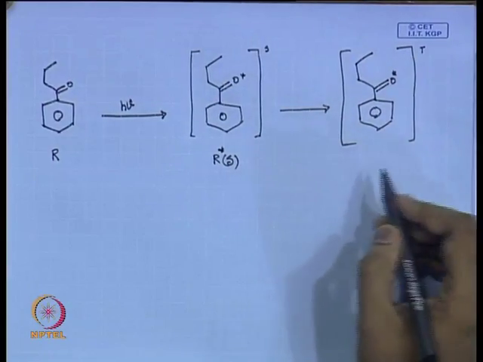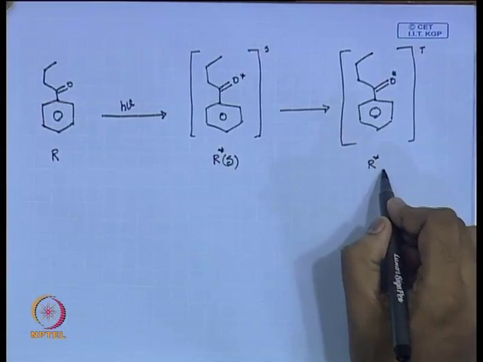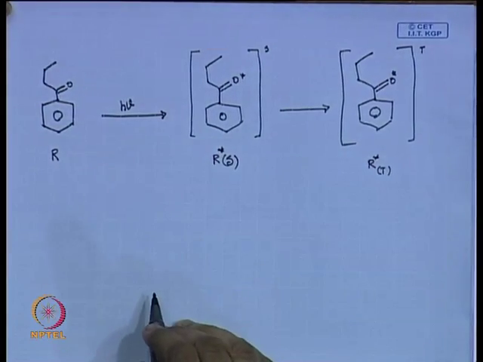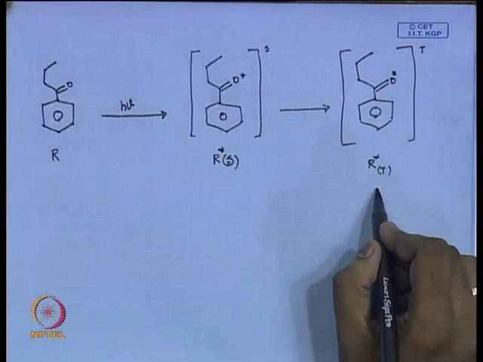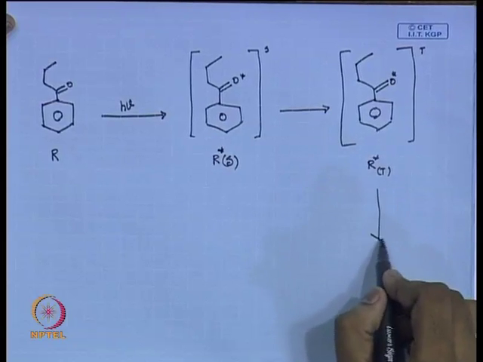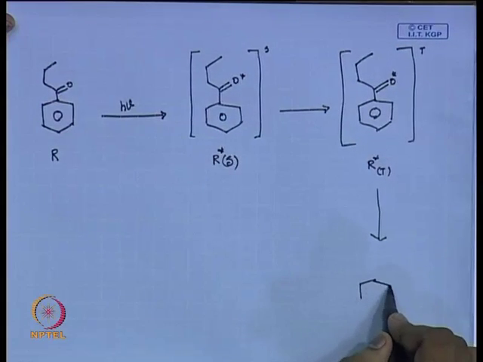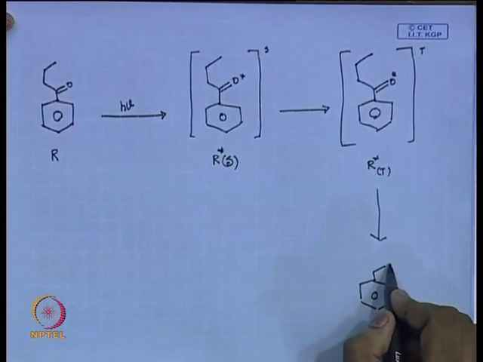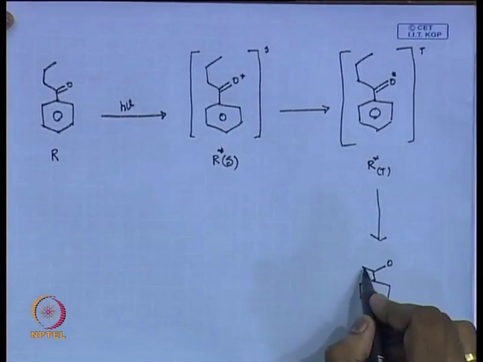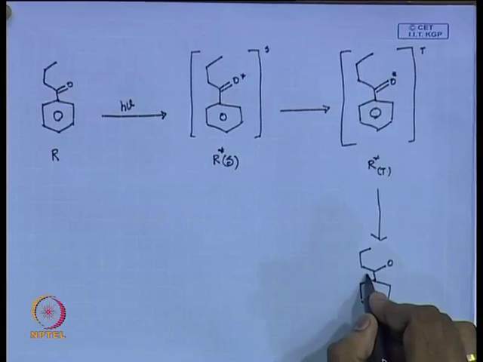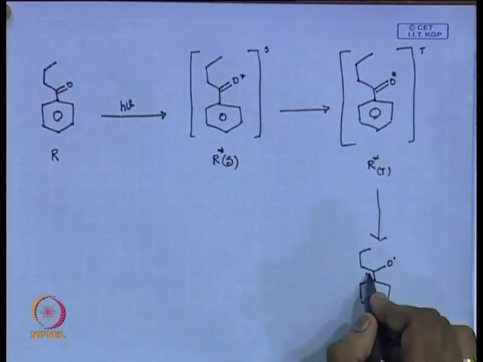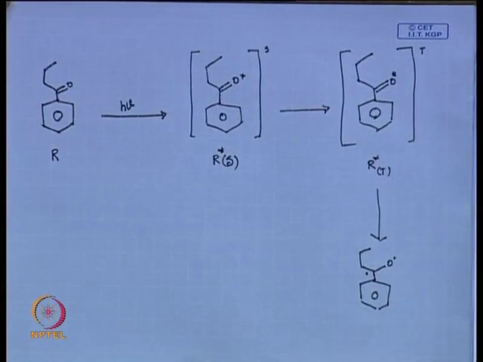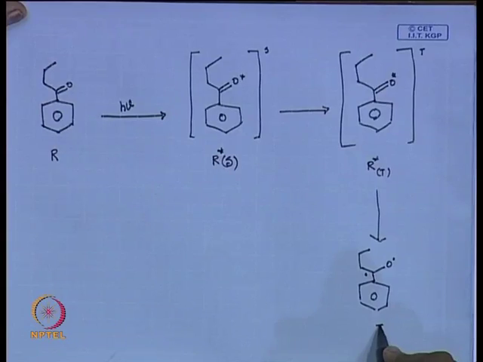Put a triplet here, R star triplet, you can write like this. So, you know what happens. So, it forms then, so you get an intermediate I. So, this should be a triplet intermediate. Yeah.